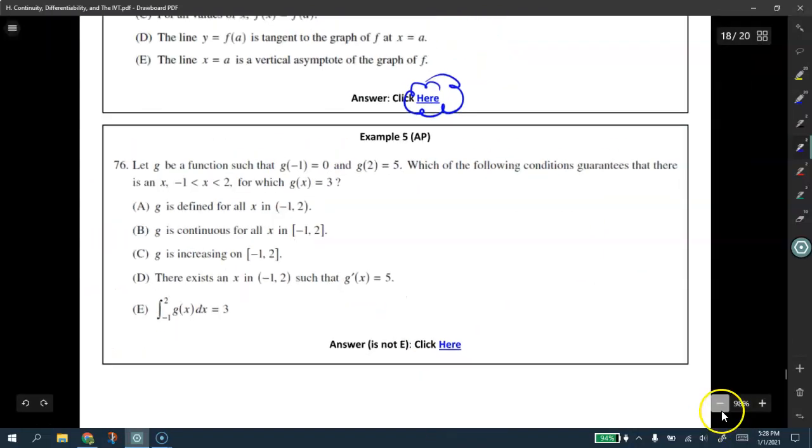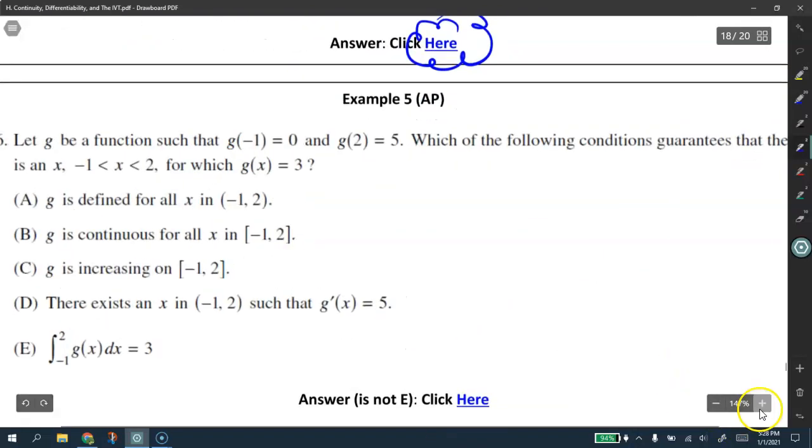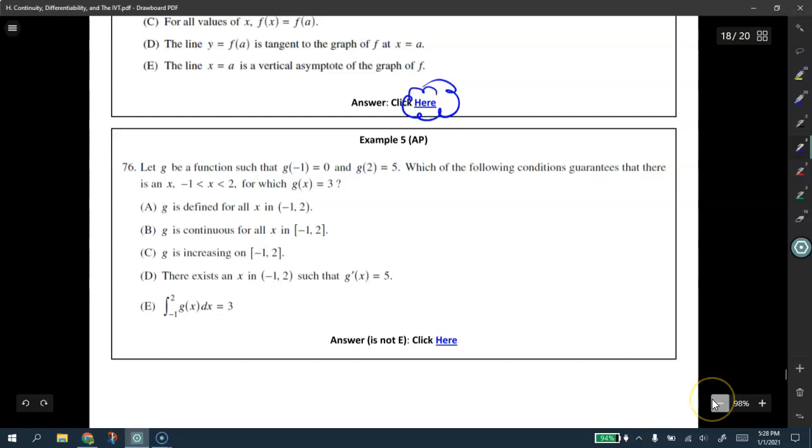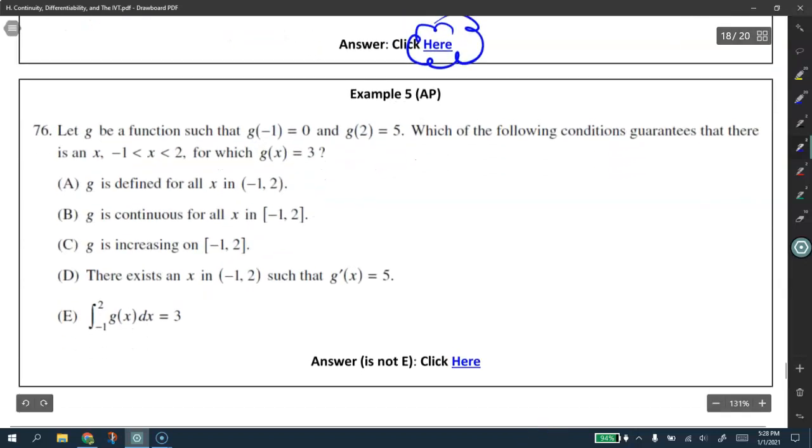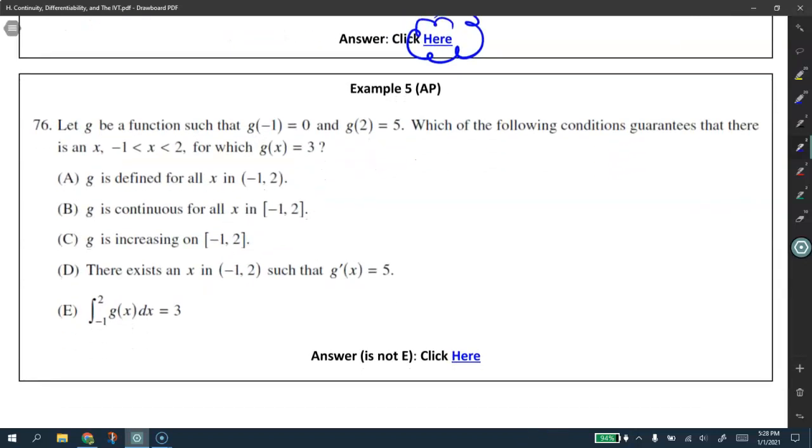Example number 5, go ahead, pause the video, give it a shot. All right, example 5 says, let g be a function so that g of negative 1 is equal to 0 and g of 2 is equal to 5. So one thing that we can do to help you visualize what's happening here is we can make a bit of a graph.